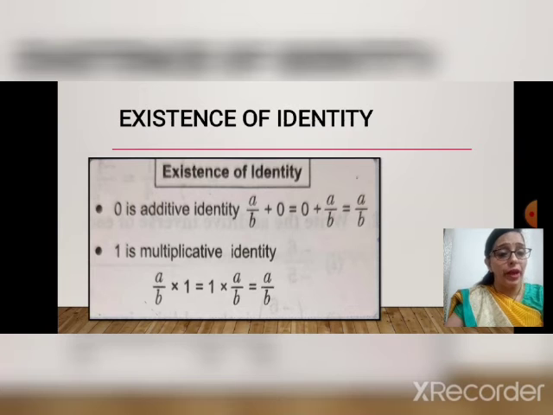Suppose I give you the example: multiplying 2 into 1, it becomes 2. Multiplying 1 into 2, it becomes 2. When I multiply any number with 1, the answer itself comes. That is called multiplicative identity.